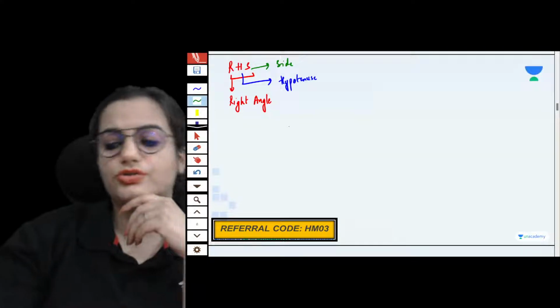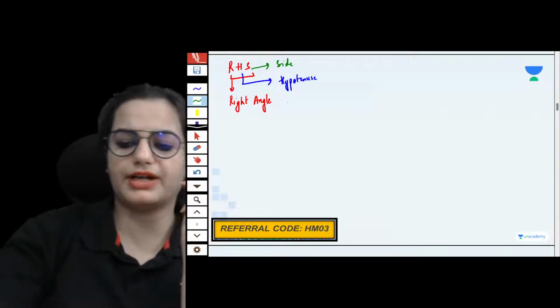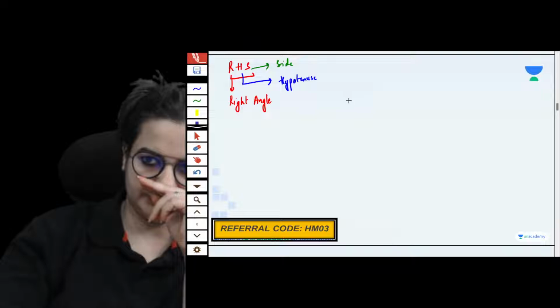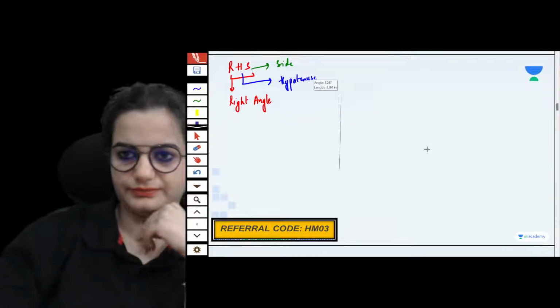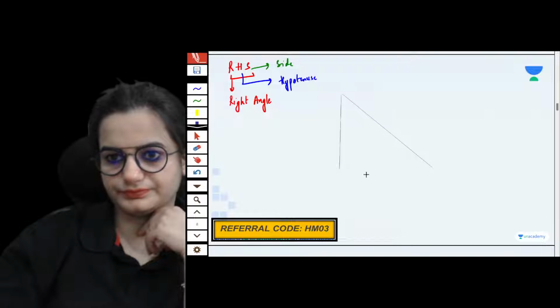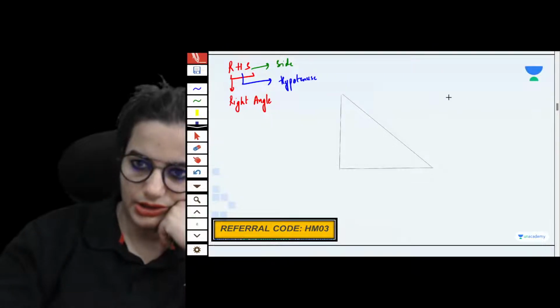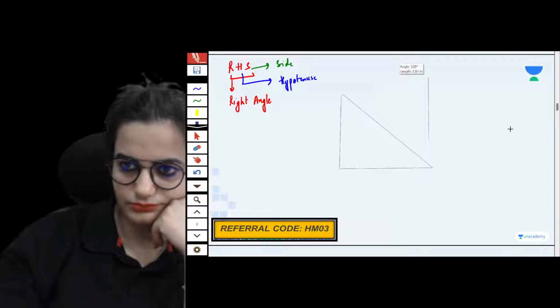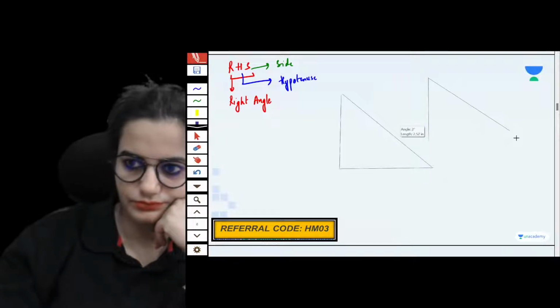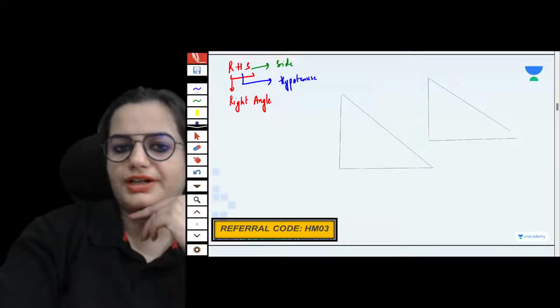Now I am making two right triangles. This is the first right triangle, and here I am making the next one. These are the two right triangles.